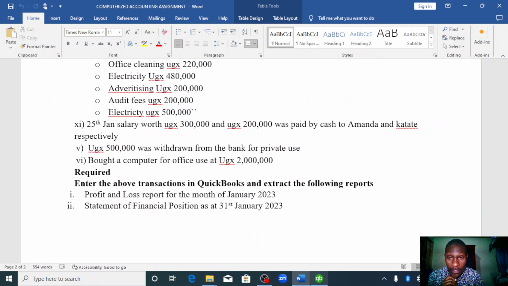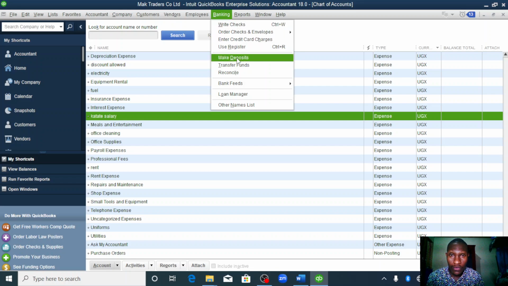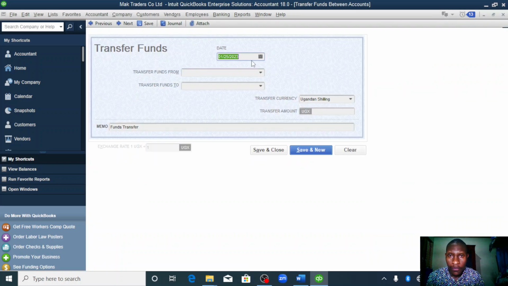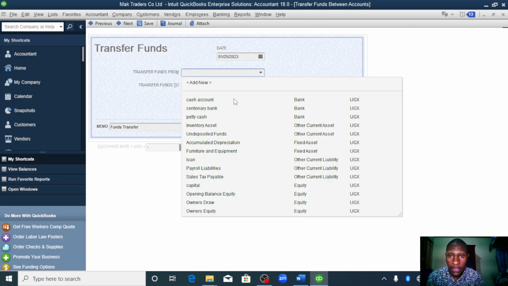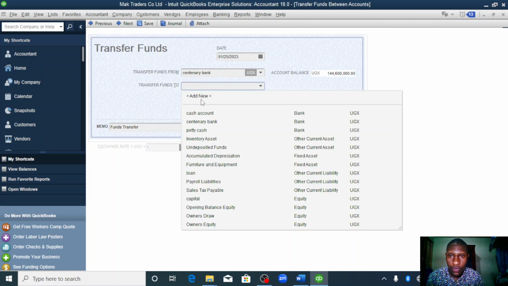Withdrawn 500,000 from the bank for private use. So we go here on banking, we transfer funds the same date, transfer from Centenary Bank, we transfer to drawings account, but we are not having it there.